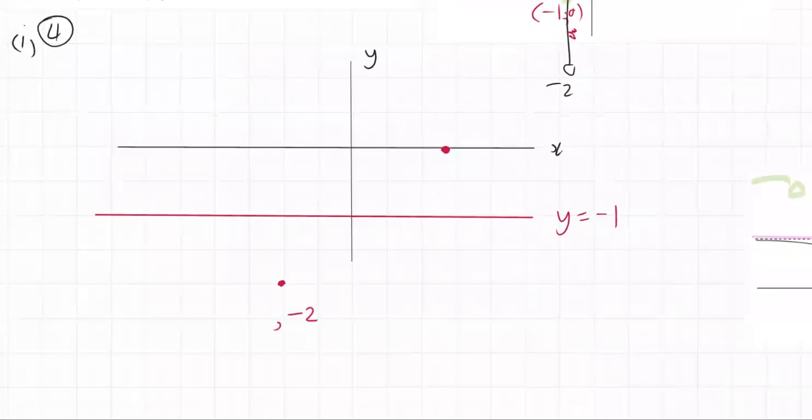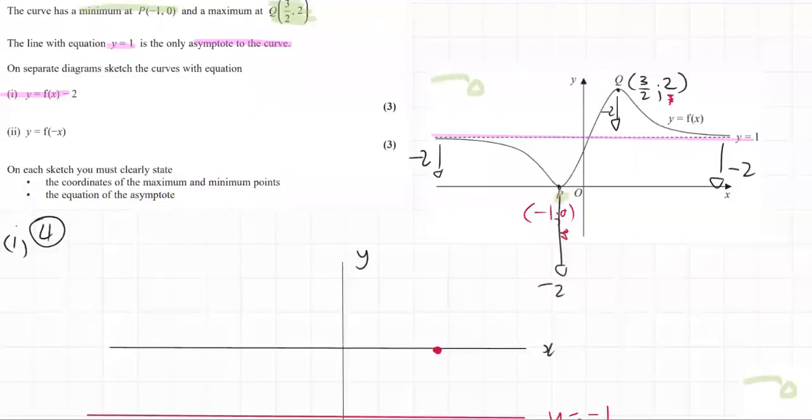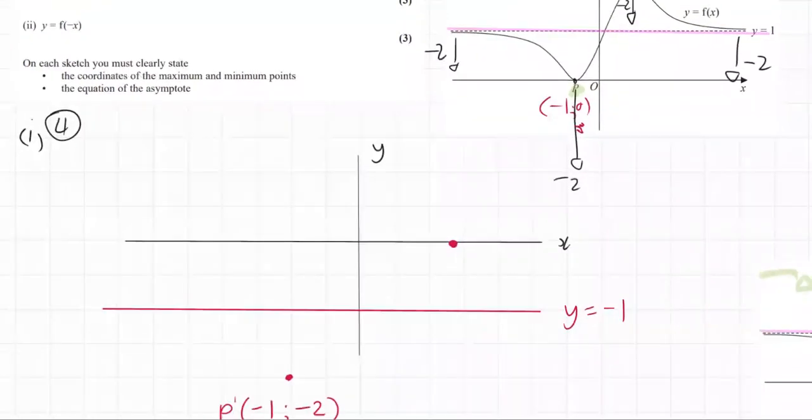So the x values are not affected by this shift. Only the y values were affected. So we had (3/2, 2). We now have (3/2, 0).